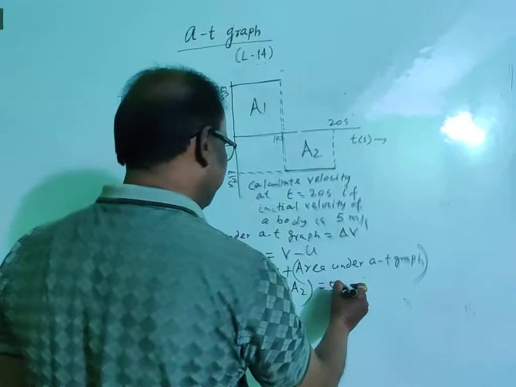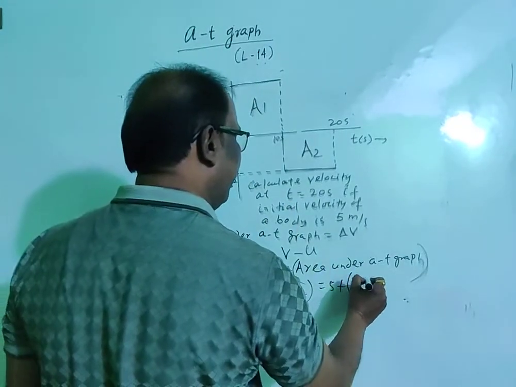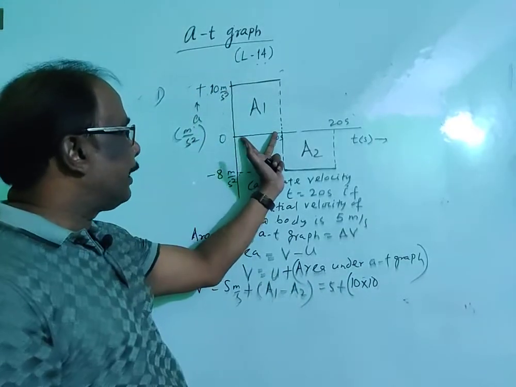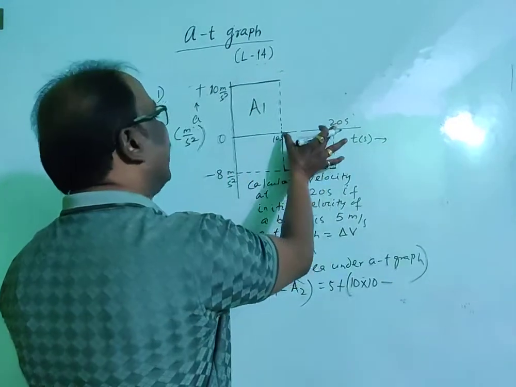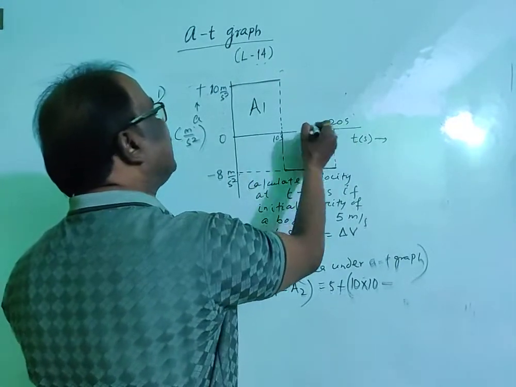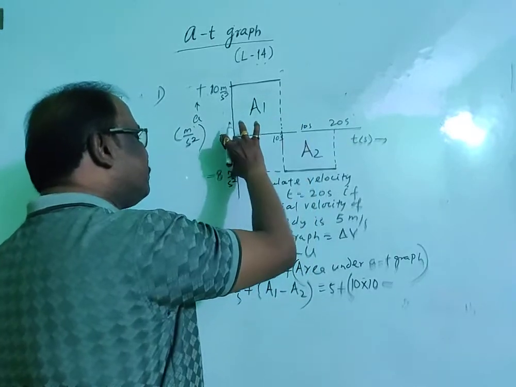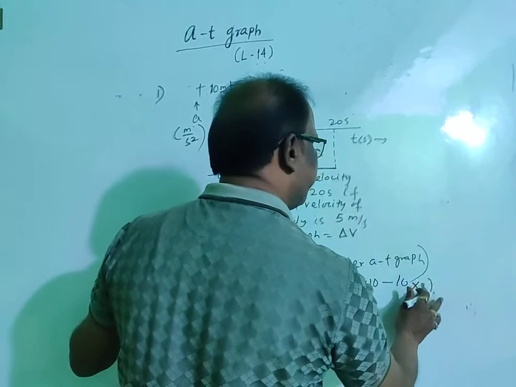Area A1 is 10 meter per second square into 10 second, and this area is minus, this is also 10, 20 second minus 10 second is 10 second, and this side is from 0 to 8, means 10 into 8.